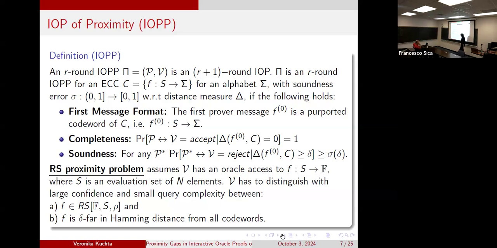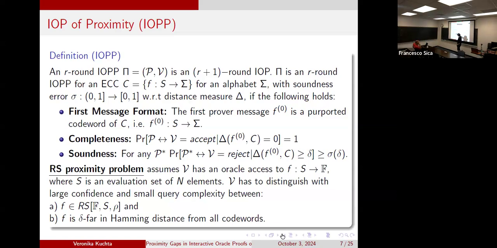It has soundness error sigma, and is defined with respect to a distance measure, which is usually the Hamming distance. An interactive oracle proof of proximity is defined in such a way if the following three properties hold. And the three properties are the following ones.